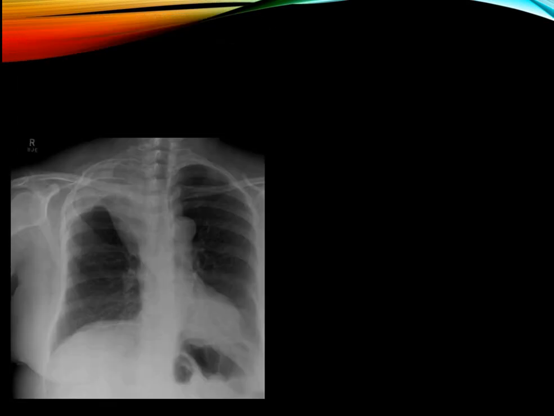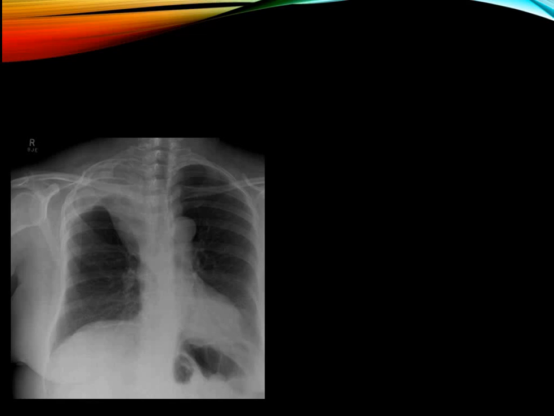Another example of right upper lung zone opacity which is causing elevation of the horizontal fissure. But in this chest X-ray, the horizontal fissure takes a strange shape. It is depressed medially and elevated superiorly, making what we call the reversed S sign, or Golden S sign. The Golden S sign is a sign we see when we have a hilar mass causing depression of the horizontal fissure in its medial part, and at the same time this mass puts pressure on the bronchus and obstructs it, resulting in right upper lobe collapse.